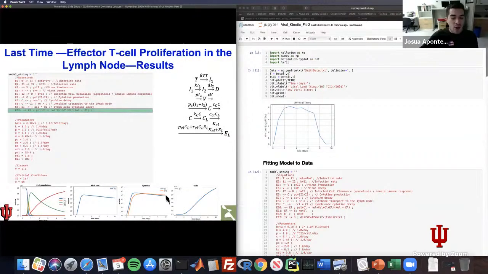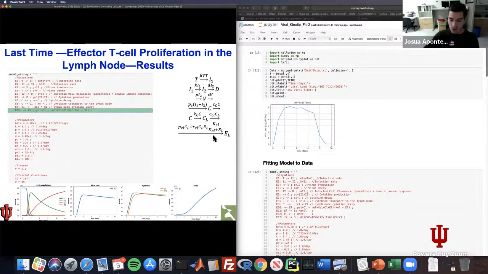So now we have another component of the model. We have what we're calling our T cells, and we see that our T cells start replicating after the cytokine signal comes in. If the cytokine signal is 0, they do not replicate.